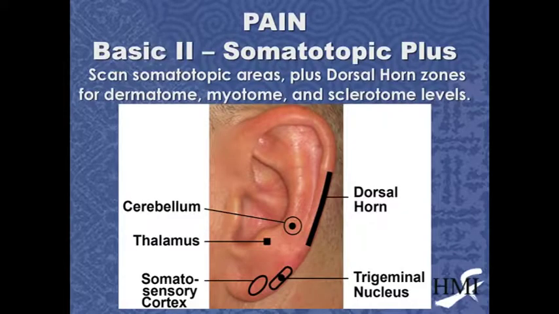If you don't get what you want, or, given the importance of this, or at the same time that you have at the second visit, you've got your basic 1 in with straight blues, you do a somatotopic scan. And you take the 1, 2, 3, 4 needles that are active in your somatotopic findings, to which you scan and add cerebellum, thalamus, somatosensory cortex, trigeminal nucleus, and the dorsal horn, and scan the dorsal horn not just for the specific vertebral level or levels of your somatic pain, but also go up to the myotomal level and the sclerotomal level.